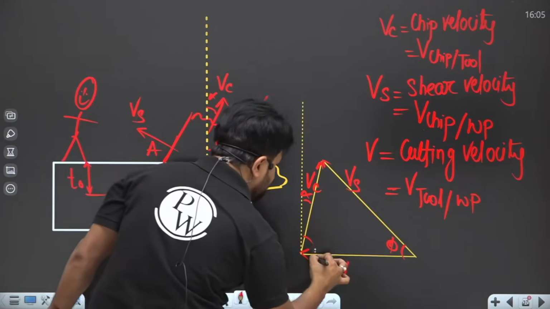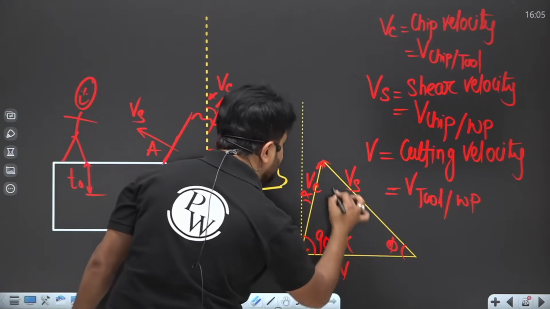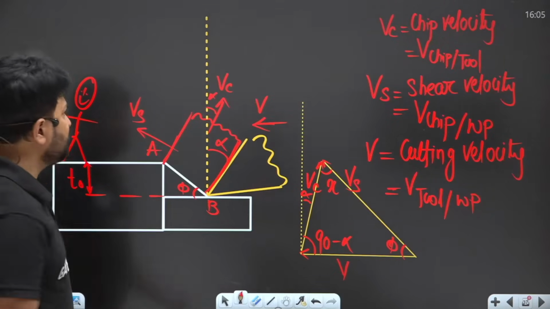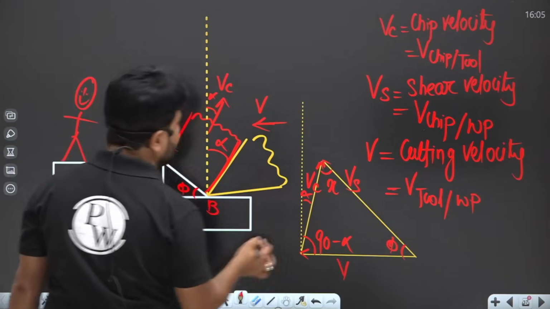So it is 90 minus alpha, and let's say the other angle is x. Can you find the value of x? Yes, we can. How?